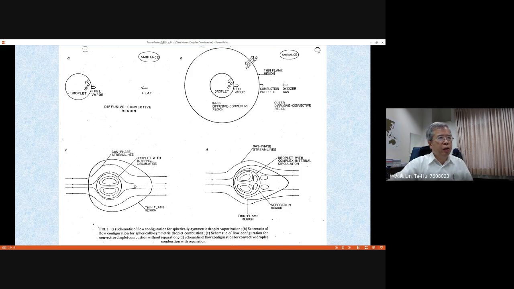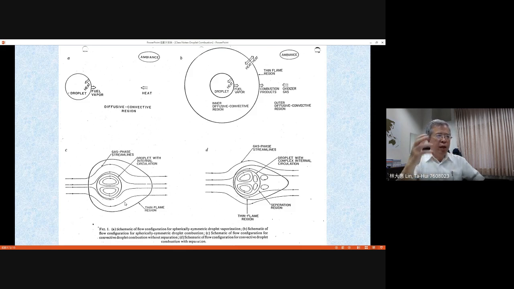Then you can see the spherical diffusion flame changes its shape. It has a smaller separation distance on the upstream side, but a longer separation distance on the downstream side. This is a typical spherical droplet in a flowing stream with a smaller flow convection strength.